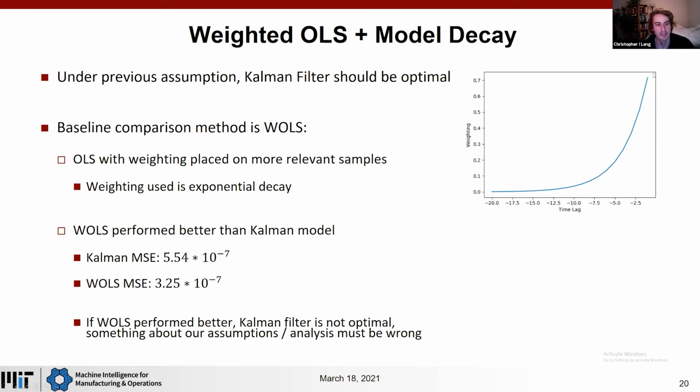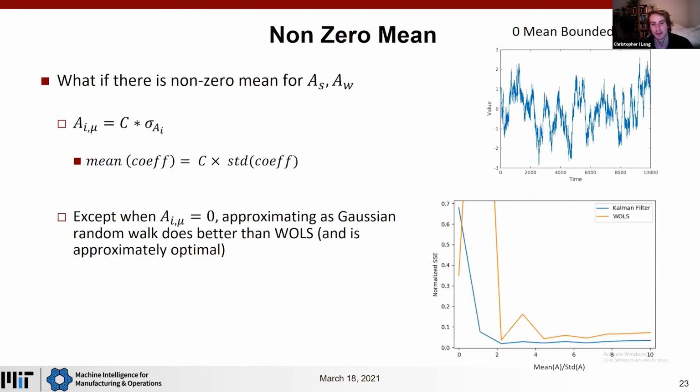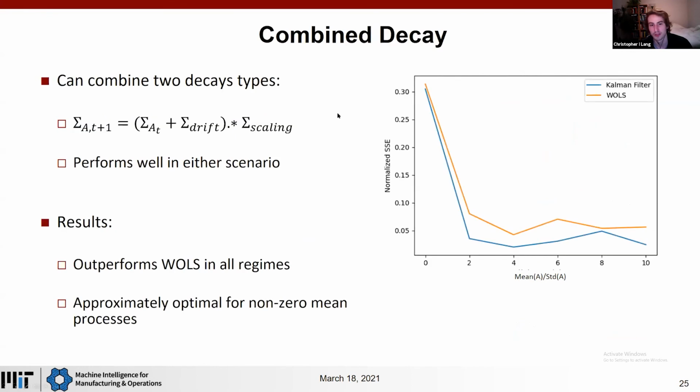I think it may depend a little bit on the position of the system, because when that Gaussian random walk approximation is valid, what you really want to do is just add some amount of drift at each time step.